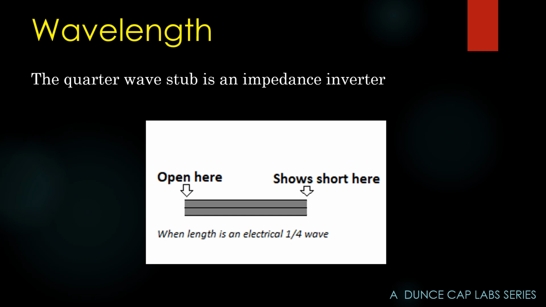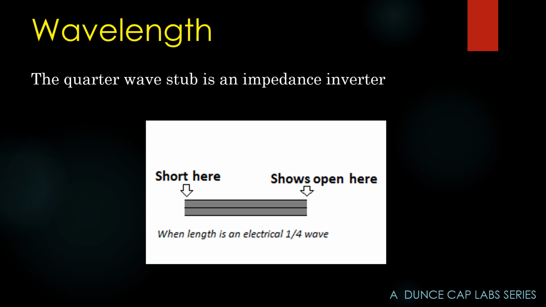If I open the left end, just leave it open, the opposite end at the right shows a short at the frequency at which this is an electrical quarter wave. If I short the left end, the other end presents an open.